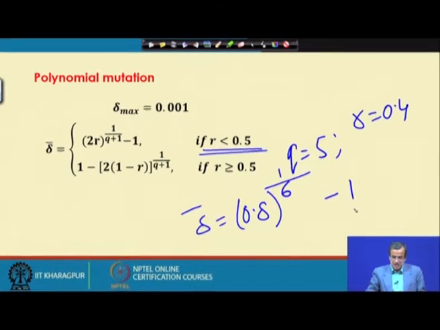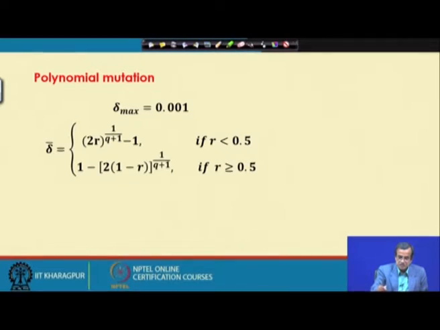So, this is actually nothing but your delta bar. I will have to find out the value for the delta bar, and once I have got this delta bar, very easily I can find out what should be the mutated solution.